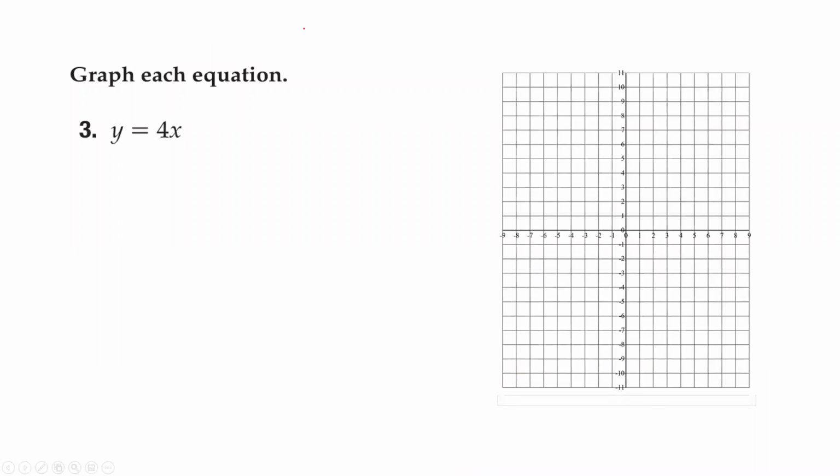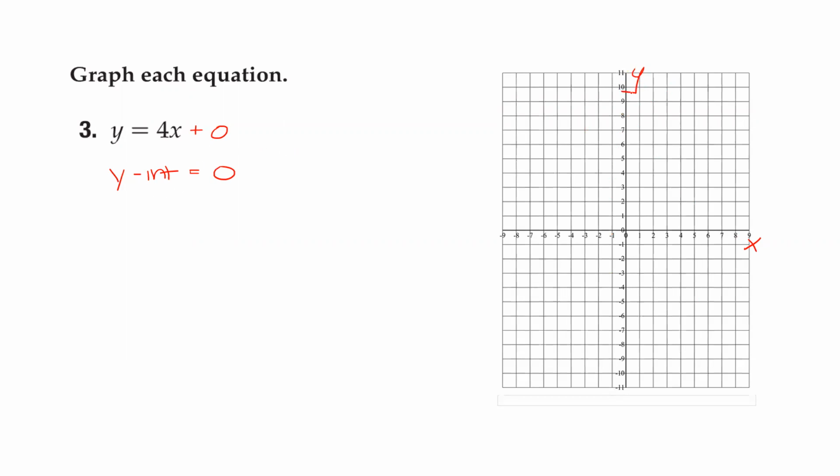So problem number 3, it says to graph each equation. Now I'm looking at this equation and I see that it's in slope-intercept form, right? You might be thinking, well, there's no y-intercept. Well, plus 0, right? Plus nothing. So our y-intercept is going to be 0. That means it crosses the y-axis. Remember, this is x, this is y.